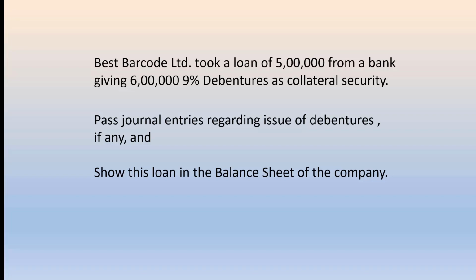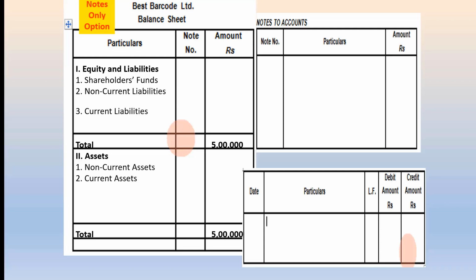From the accounting point of view, we need to understand that debentures issued as collateral security may or may not be recorded in the books of account. We should then concentrate on memorizing the format and the disclosures made in the balance sheet in either case.